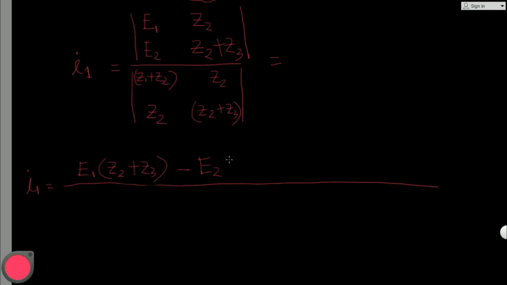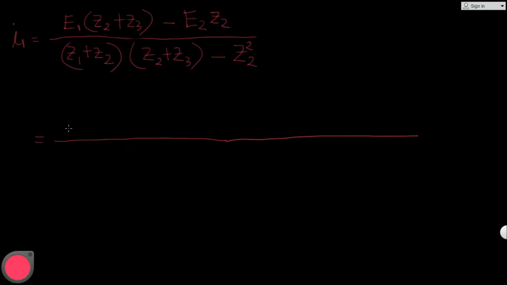Now let's solve the determinant. Z1 plus Z2 into Z2 plus Z3 minus Z2 whole square. This is the rule of determinant. So let's put the values.